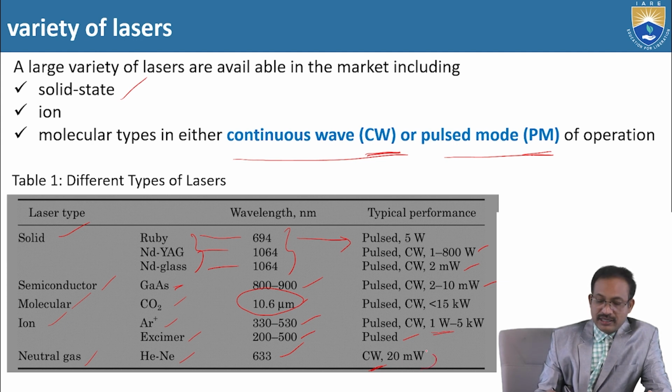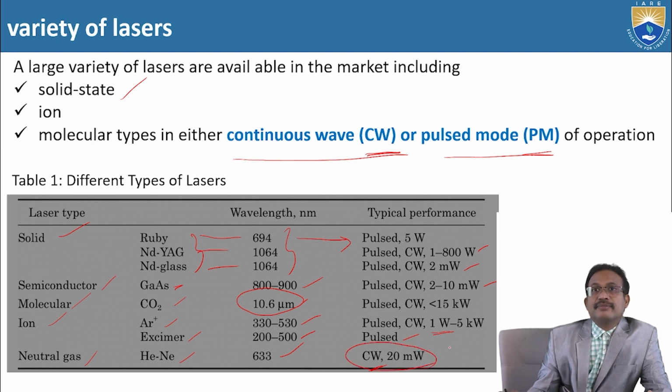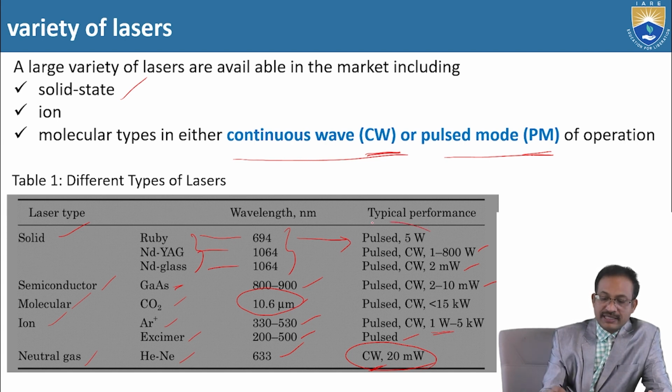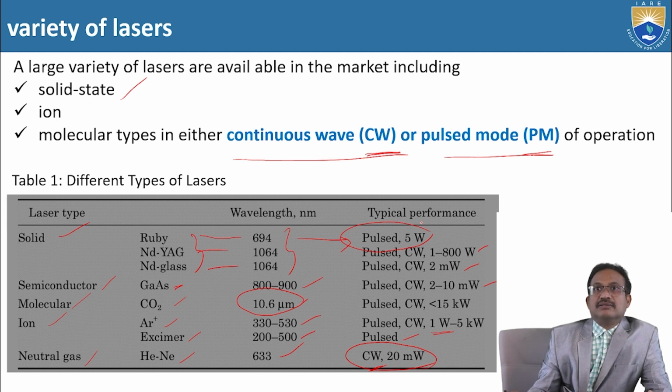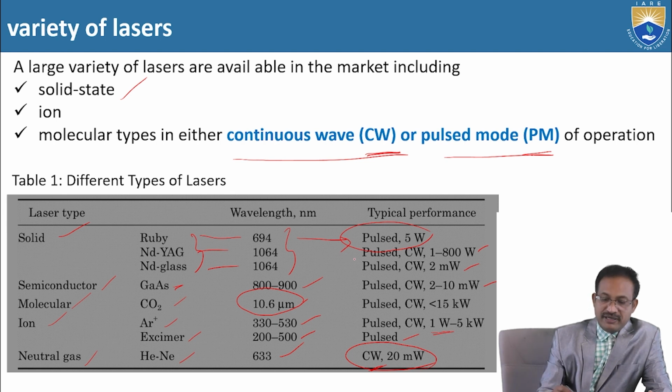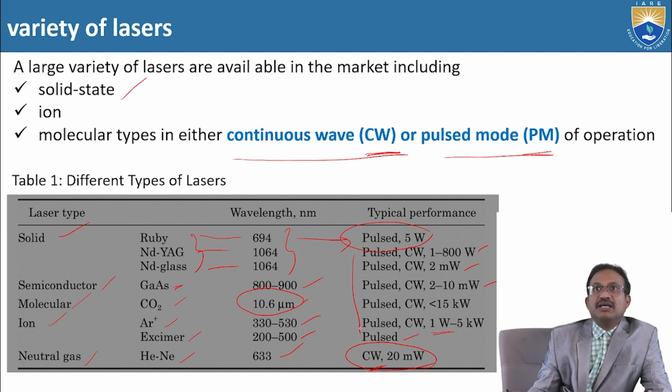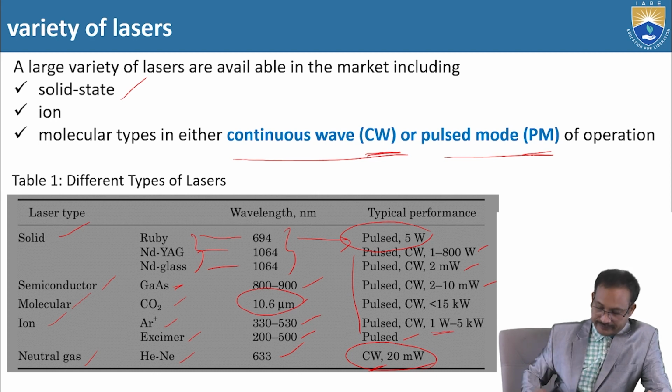So here it is exclusively continuous wave, and the ruby is exclusively pulsed, and in between these two are combined pulsed mode and continuous wave.